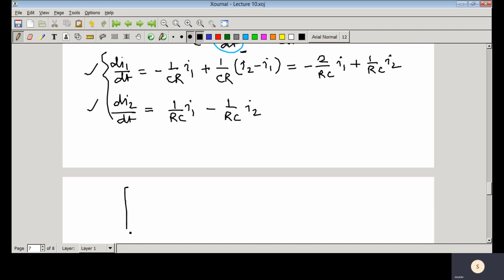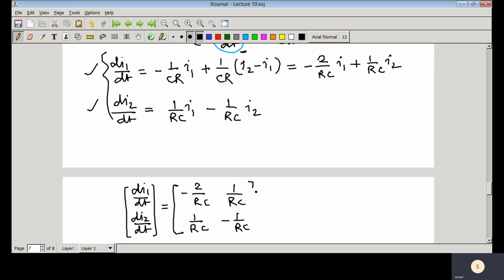If you represent it in matrix form, you have di1 by dt, di2 by dt, equal to minus 2 by RC, 1 by RC, 1 by RC, minus 1 by RC, and this is the new state vector, that is I1 and I2. So as it is I1 and I2, then you can see here.